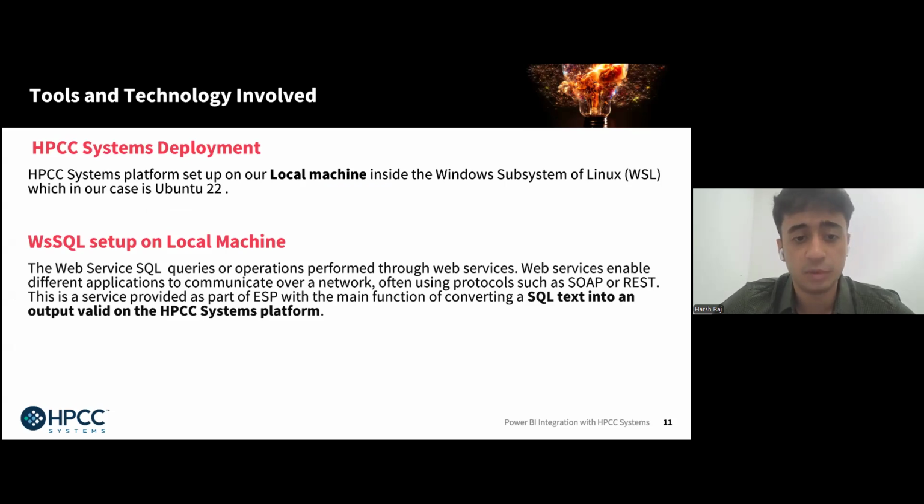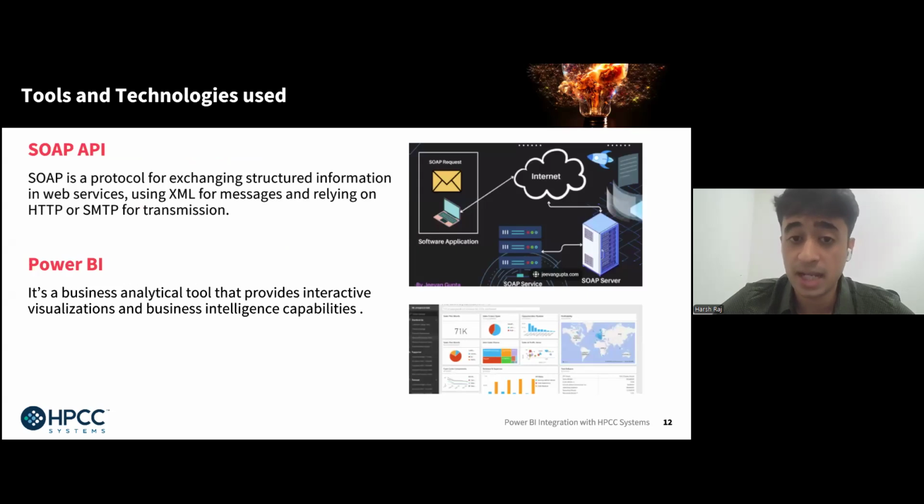Second and the most important component of our project is WS. WS will act as a connector between our HPCC system and Power BI. It will help us retrieve data using a simple SQL query, and works as a gateway between them. Moving forward, we have our SOAP API. The SOAP call is what we've been mentioning in the architecture.